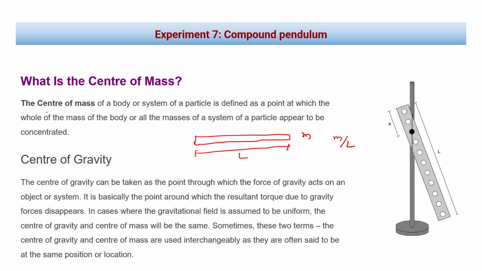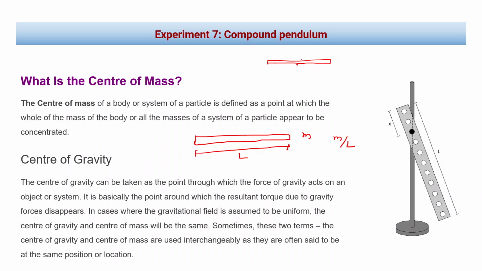But still, when we talk about center of mass, we say that it is a point in this rod where we can assume that all the mass of this rod is concentrated. And how do we find that? If I give you an example, if you put a finger and try to balance a small scale or rod, then you know that there will be a point where you will be able to balance this scale or rod.